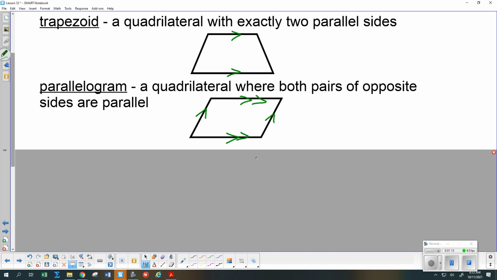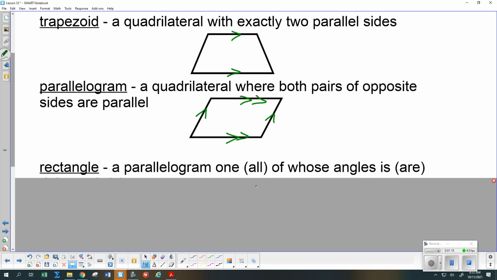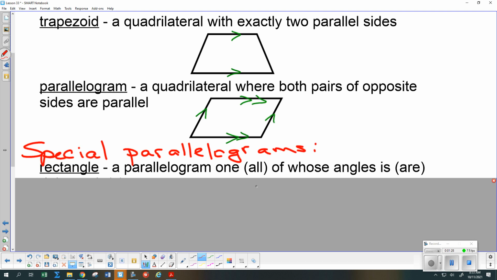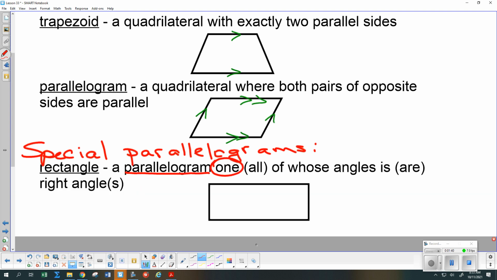Then we talk about some special parallelograms. By definition, if it's a parallelogram, one way to prove that it's a rectangle is: top and bottom are parallel, left and right are parallel, and one angle is a right angle.